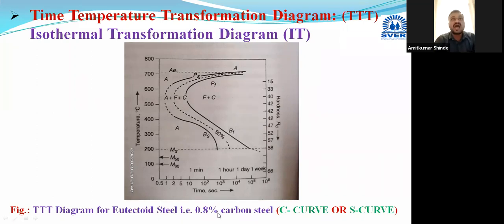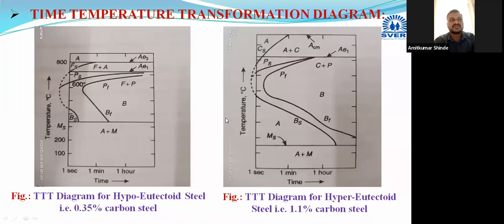Now, what changes will happen in this TTT diagram in the case of hypoeutectoid and hypereutectoid steels? I have plotted these two diagrams here, showing the changes in the IT or TTT diagrams. On the left side is the TTT diagram for hypoeutectoid steel, and this is the TTT diagram for hypereutectoid steel.